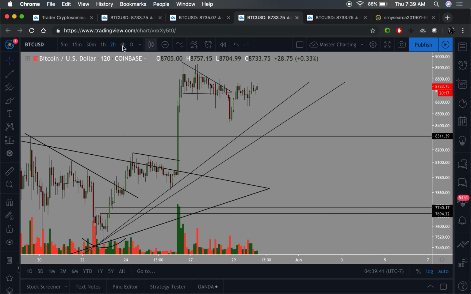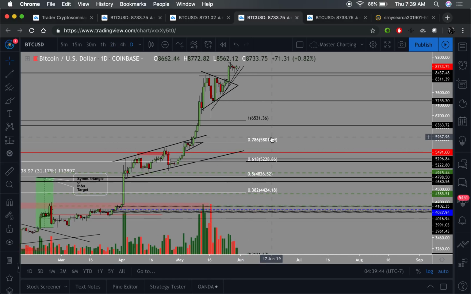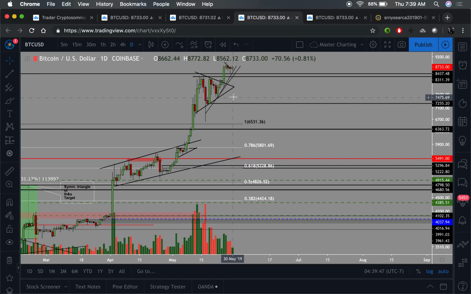But other than that, I still think BTC is headed up for another big leg up.